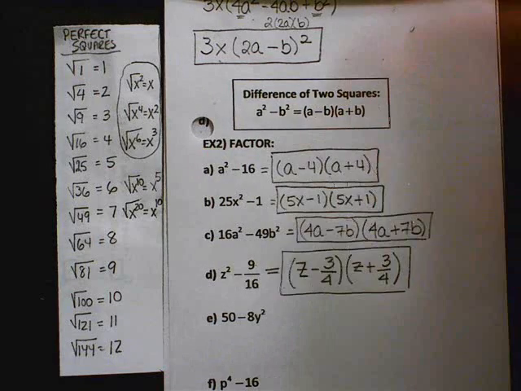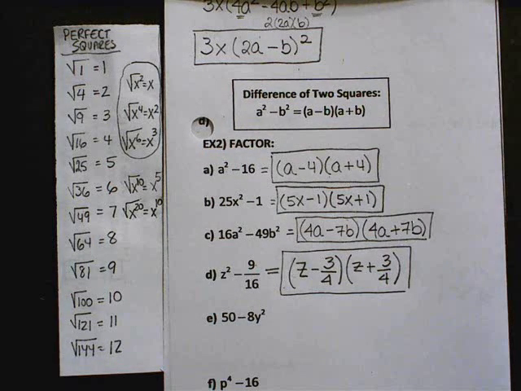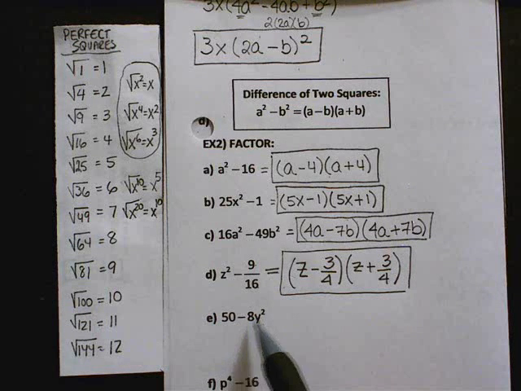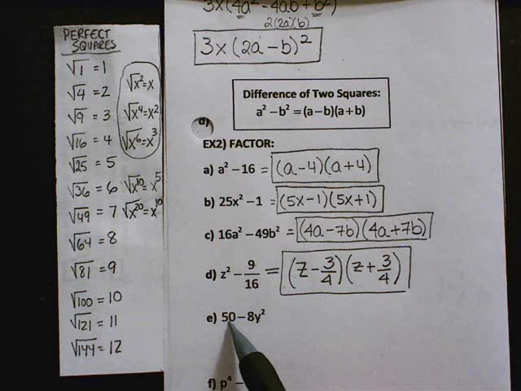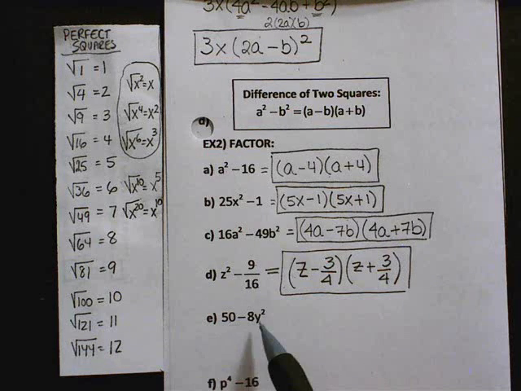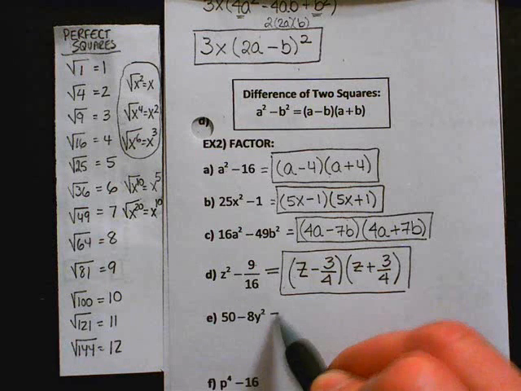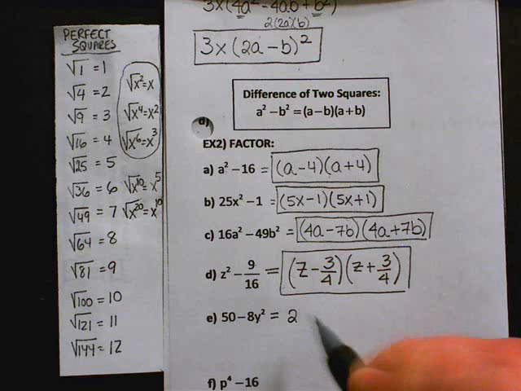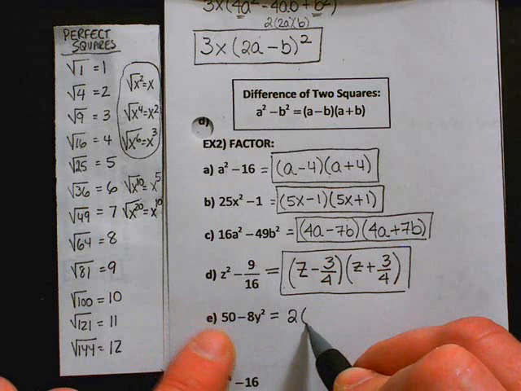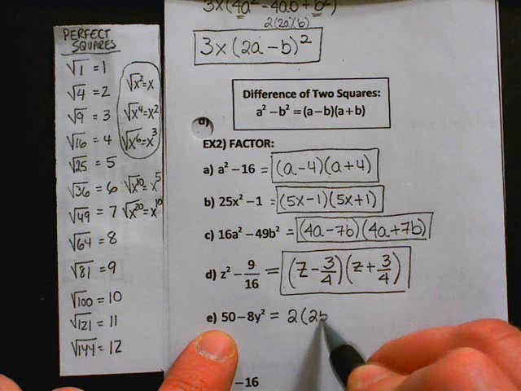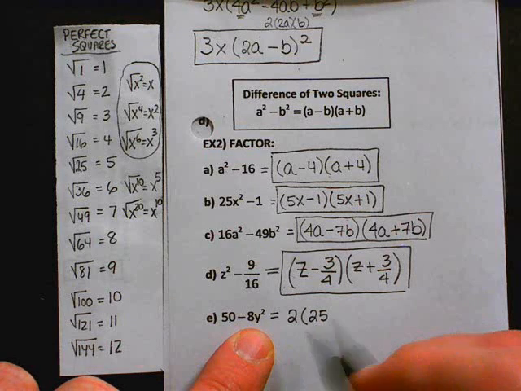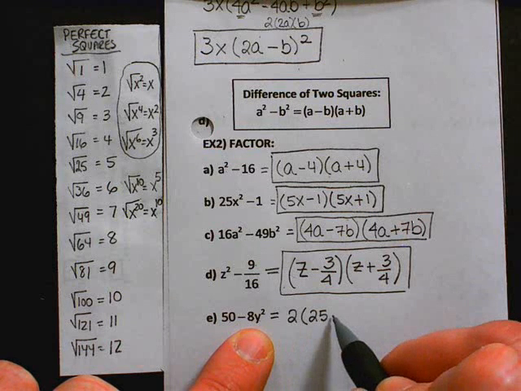Alright, the next one. I have a perfect square for the y, but the 8 and the 50 are not perfect squares. But again, ask yourself, can I factor anything from both? And the answer is yes, I can. I can factor out a 2. By factoring out a 2, that 50 becomes a 25, and that 8 becomes a negative 4y squared.